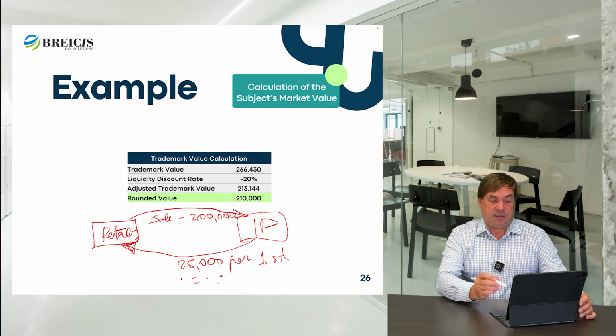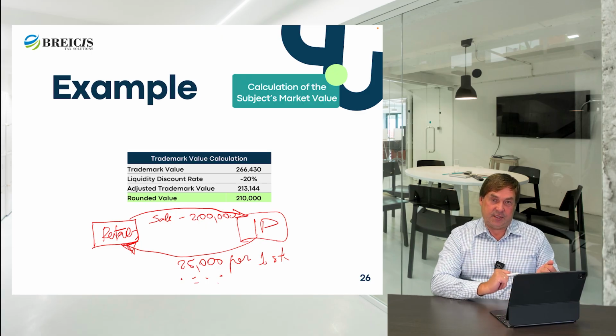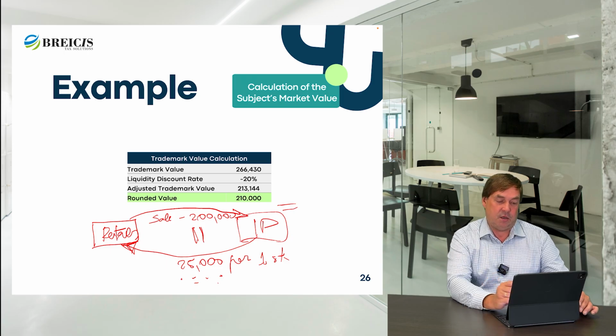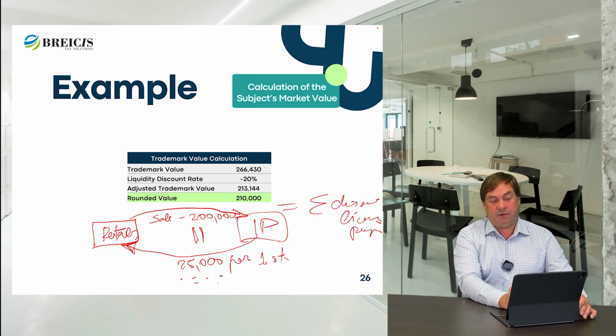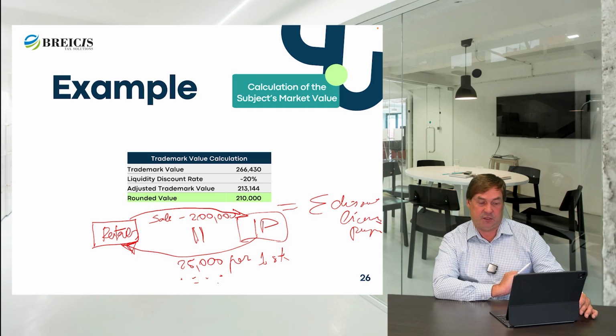The idea is that if you make such a transaction like sale and license back, then those transactions should be interrelated. Basically, the sale should be equal to the sum of the discounted values of the licensing payments. So you cannot in the first step sell the trademark for 10,000 and then license it back for 25,000 euros.